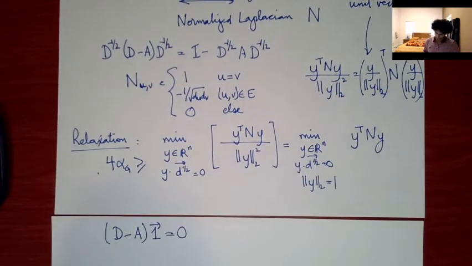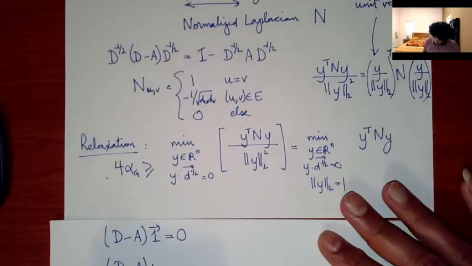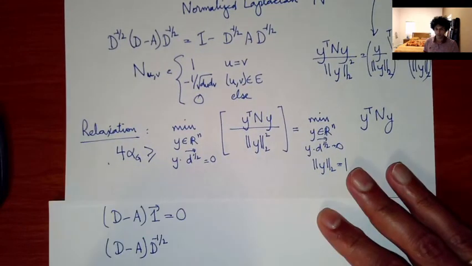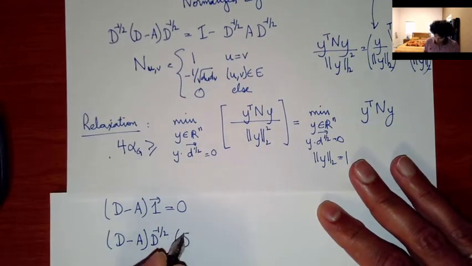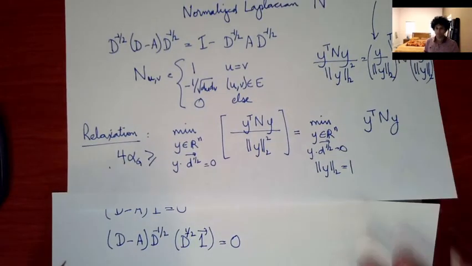So that also means that I can basically do the normalization here. So here's one way of writing this. If I take D minus A minus root d to the minus half, d to the half, 1 is equal to 0.